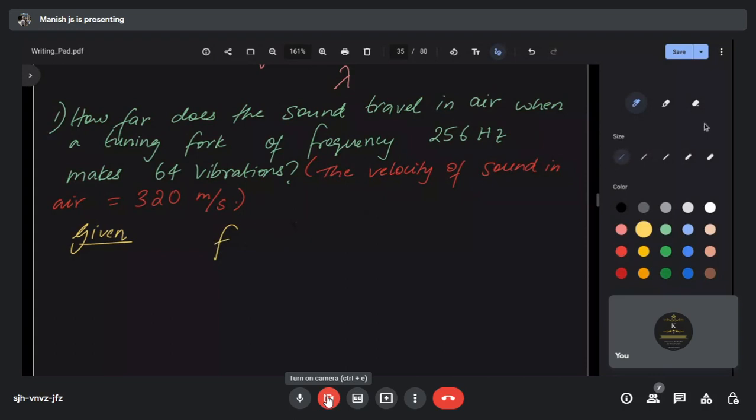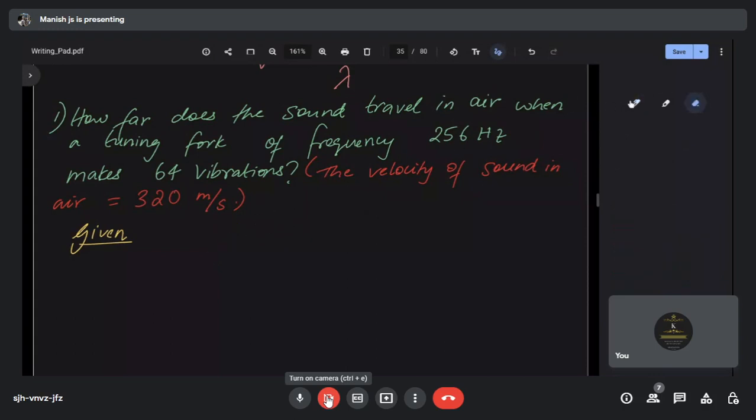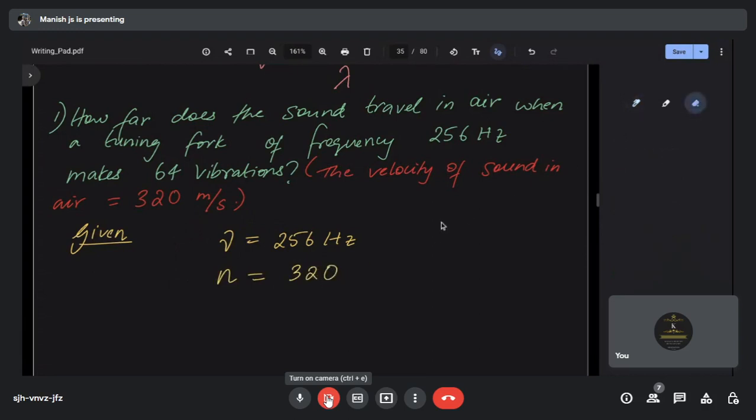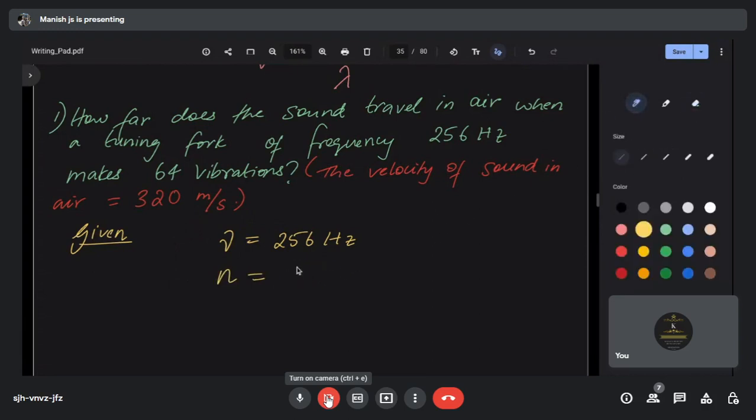Frequency கொடுத்திருக்காங்க, isn't it? So frequency symbol is nu. I'll put that itself. So nu is equal to 256 hertz. அதுக்கப்புறம் என்ன கொடுத்திருக்காங்க? The number of vibrations கொடுத்திருக்காங்க. N is given as 64 இல்லையா? 64 vibrations.